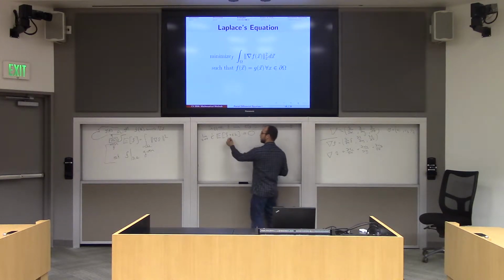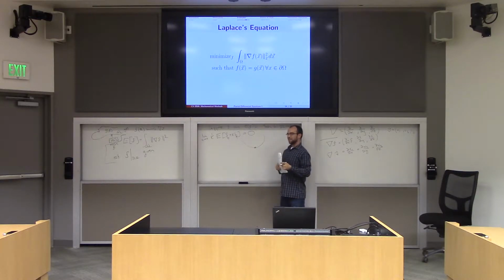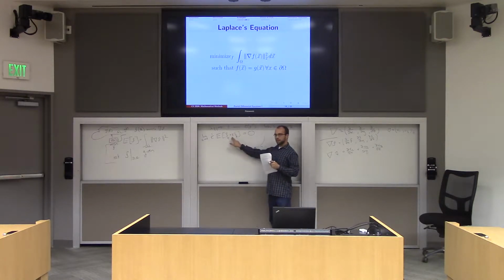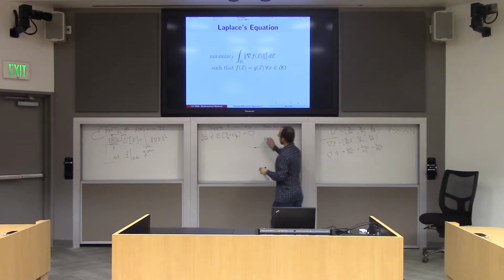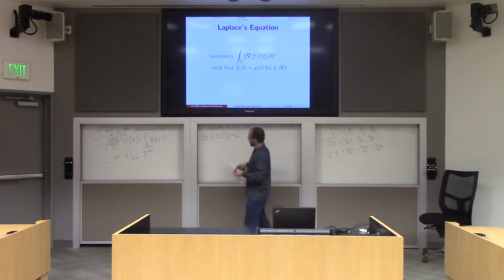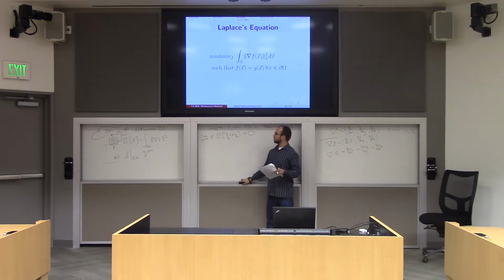I'm going to take my f and perturb it in the h direction, which is kind of like moving in this direction, say. And we know that when it's minimized, then this derivative vanishes. This, by the way, was also on your homework. This should be a familiar story. So this thing is called the weak or Gateaux derivative of E at f in the h direction.